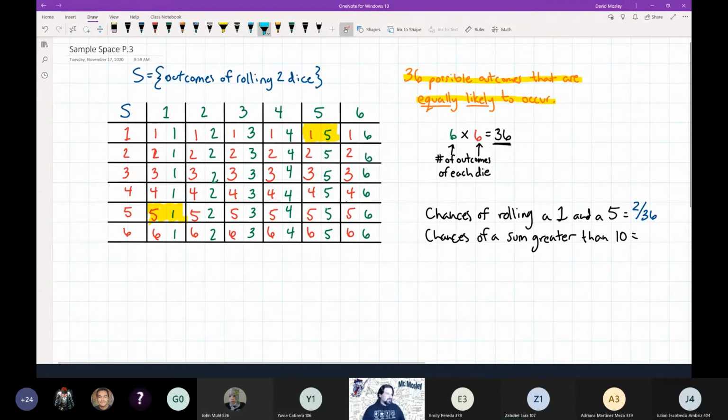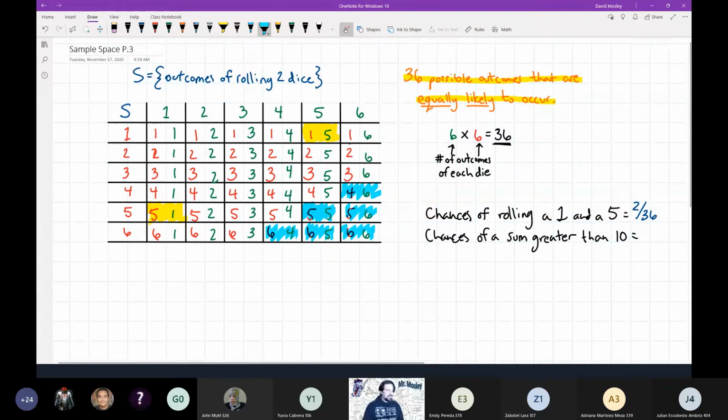Well, where do we hit greater than 10? We have 5 and 5, 4 and 6, 6 and 4, 6 and 5, and 6 and 6. So these combinations of dice rolls satisfy this thing that I'm asking for, right? Chances of a sum greater than 10.